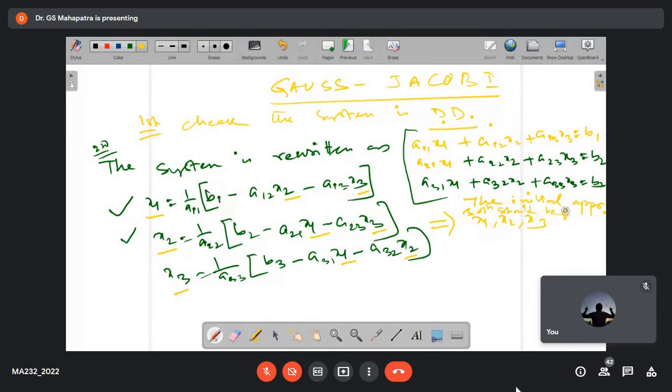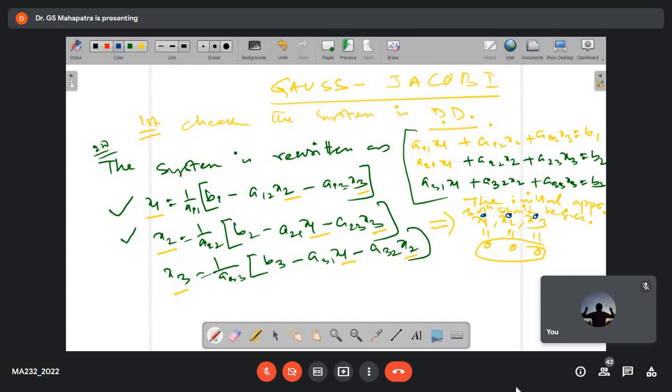So let us consider all are 0, that is 0, 0, 0. Then you solve it. So this is the initial input, and it should be denoted like that: x1 0, x2 0, x3 0.